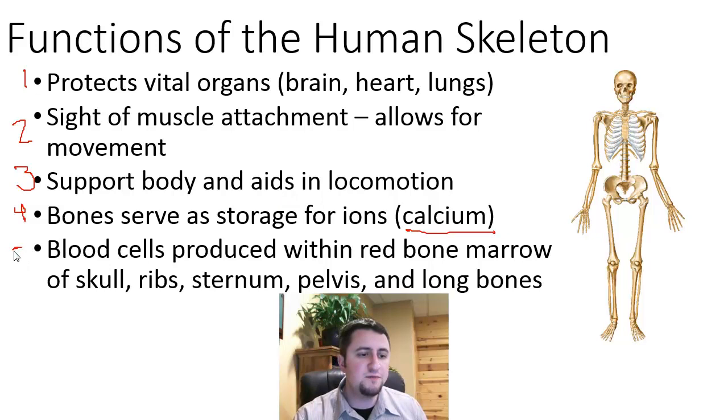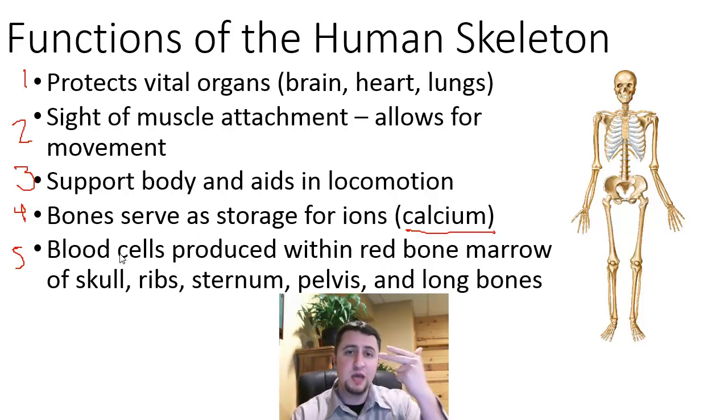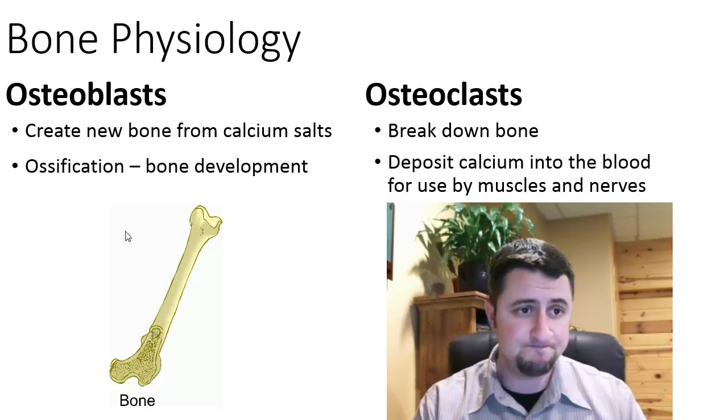Also, one of the fifth and most major functions is that bones are a site where blood is produced. Blood cells such as white blood cells, red blood cells, and platelets are all produced in bone marrow. So, 5 major functions: protection, muscle attachment, support, storage, and also creation of blood cells.